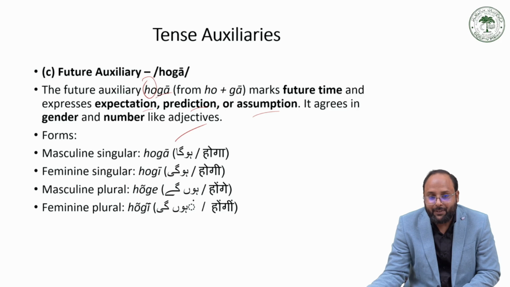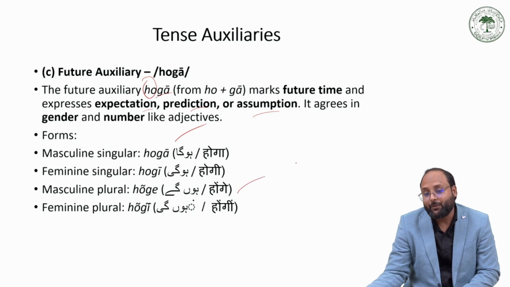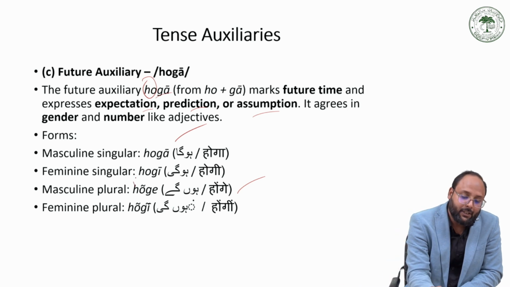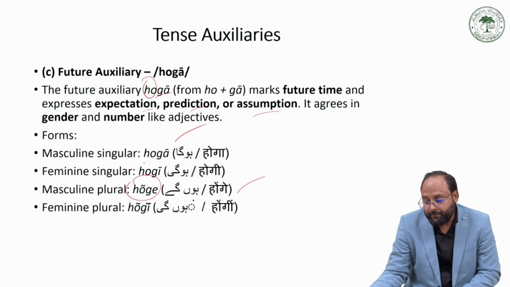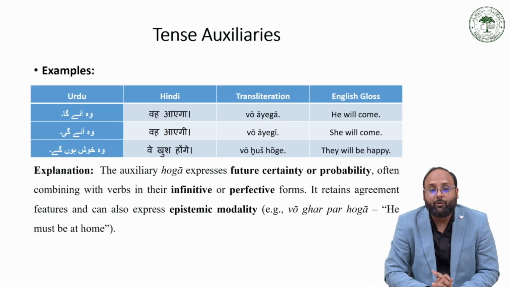And with honorificity, we are using, like, आप वहाँ होंगे, आप इस टाइम खेल रहे होंगे. So for a singular honorific subject, we are using होंगे, which is the masculine plural form. वो आएगा, वो आएगी, and वो खुश होंगे.